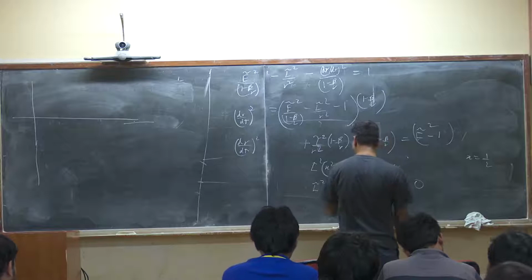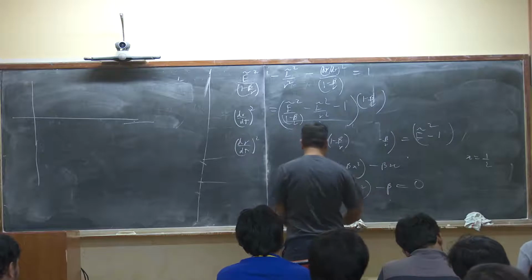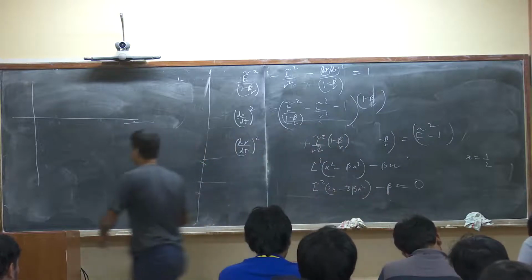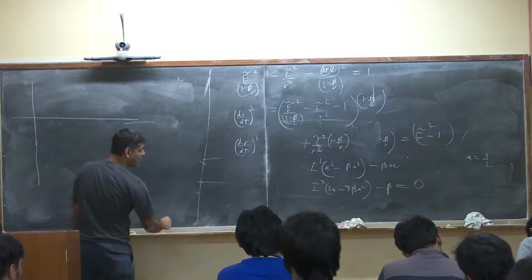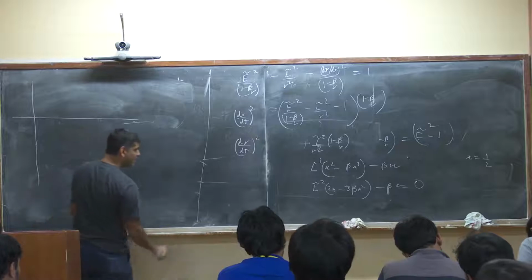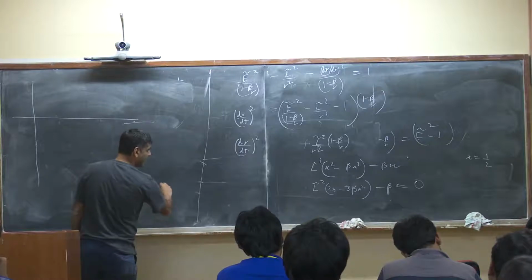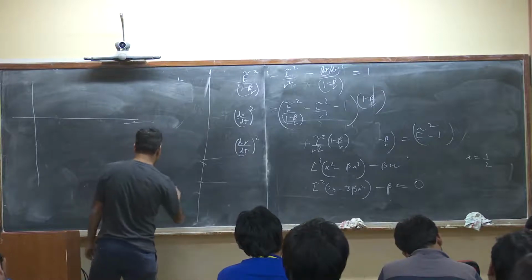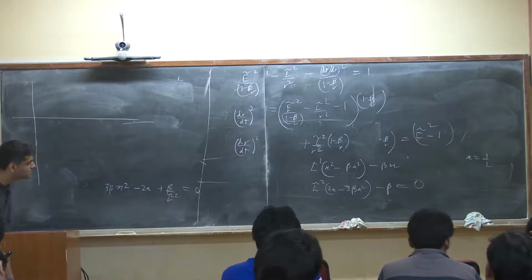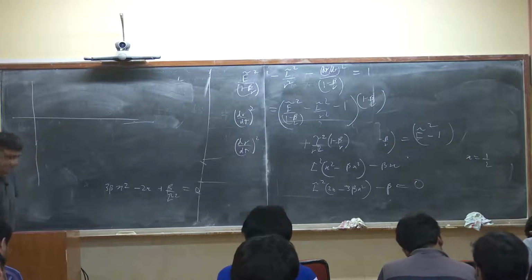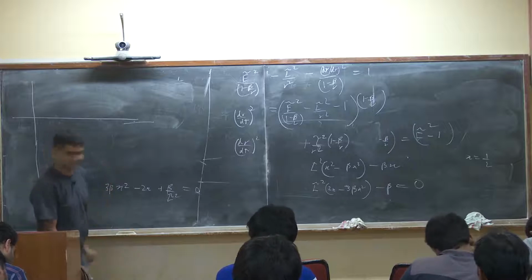Now, the important question is when this thing has solutions. Okay, so the equation written out better is 3 beta x squared minus 2x plus beta by L tilde squared is equal to 0. Now, the key question is what is the sign of b squared minus 4ac?